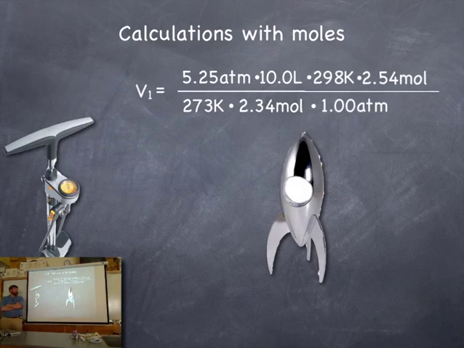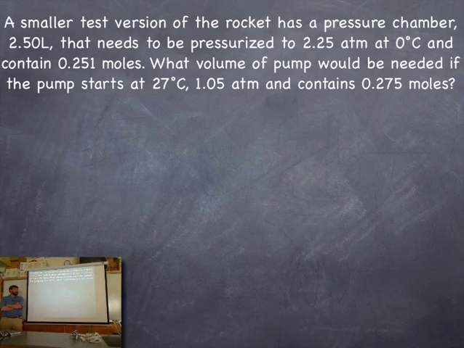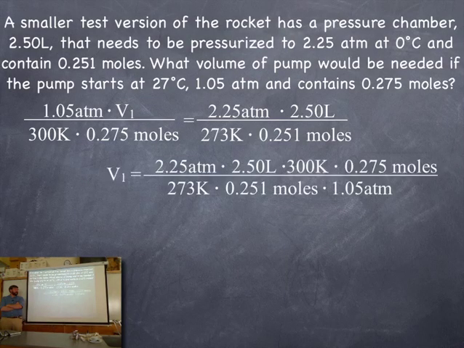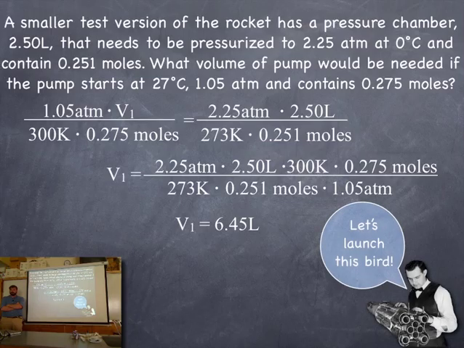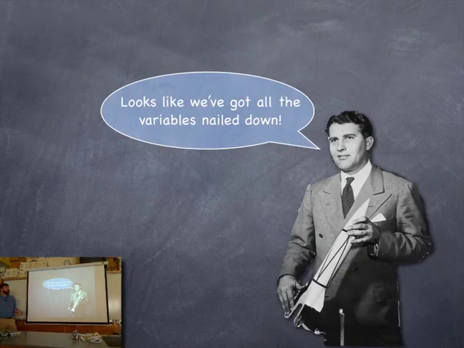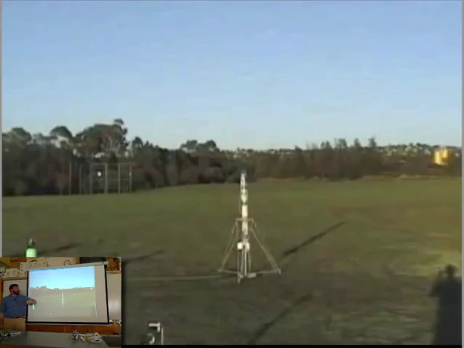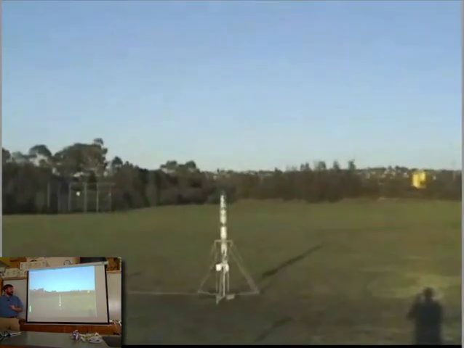Give me a sec. Okay? We got to move on. You can watch it. You can check it out tonight. So, we've got all the variables nailed down. Now we're ready to launch a water rocket.